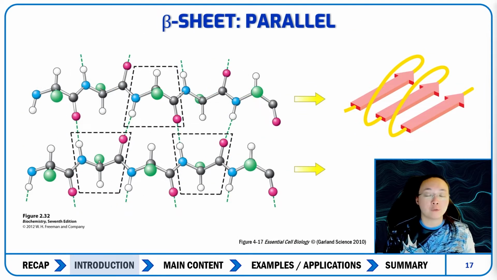The other option for beta sheets is for it to be parallel, and this one's a little more complicated because you have to go all the way in one direction, loop all the way back, restart the chain in this direction, loop all the way back, and do it again over and over. You can see that the hydrogen bonding is going to be in adjacent regions between each sheet. So they occur between what we call alternate amino acid side chains instead of adjacent amino acid side chains.